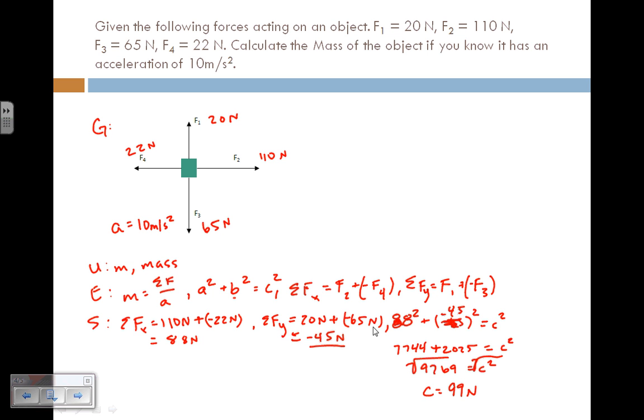So we'll go ahead and finish up our substitution step up here with this last equation. So it'll be mass is equal to the sum of all forces, which is going to be the 99 newtons, divided by acceleration, which is going to be 10. So our solution step here, our mass is going to be equal to 9.9 kilograms.